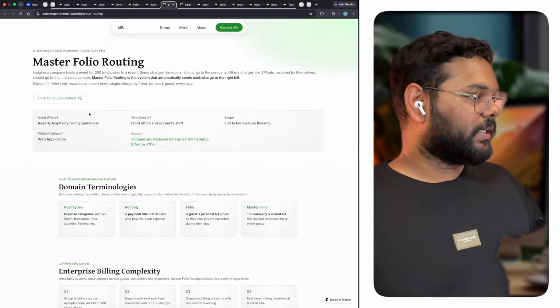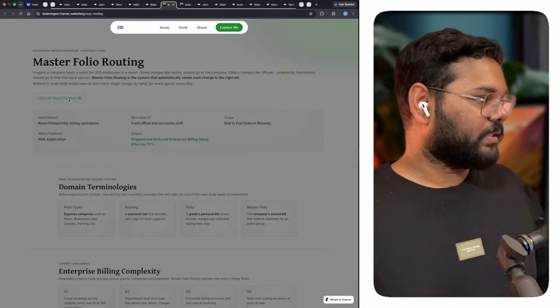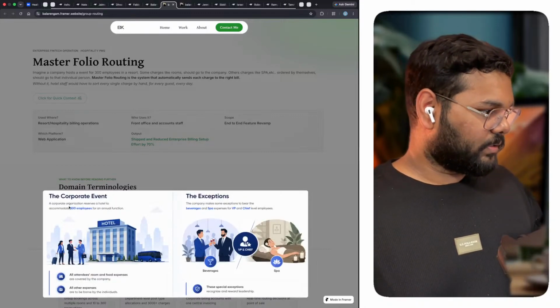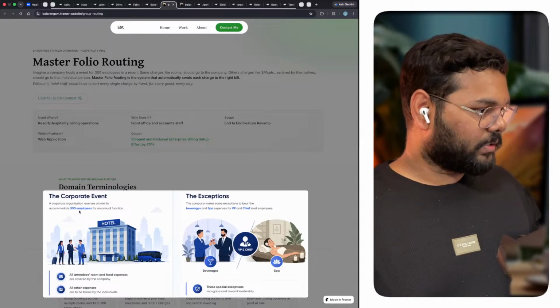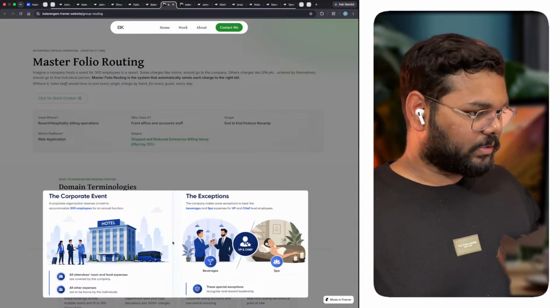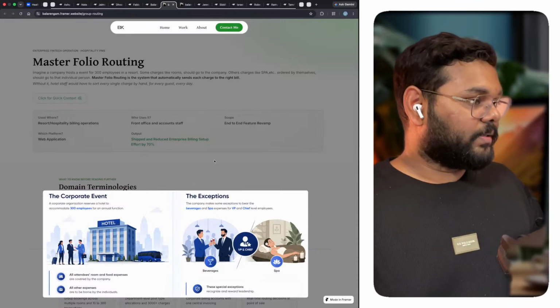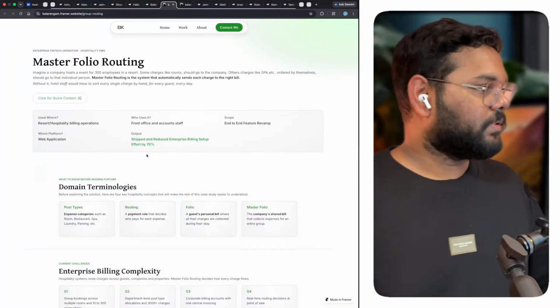So here, click for quick context. Okay. Corporate event, 300 employees, VPs and chief. Let's read about it a little bit.